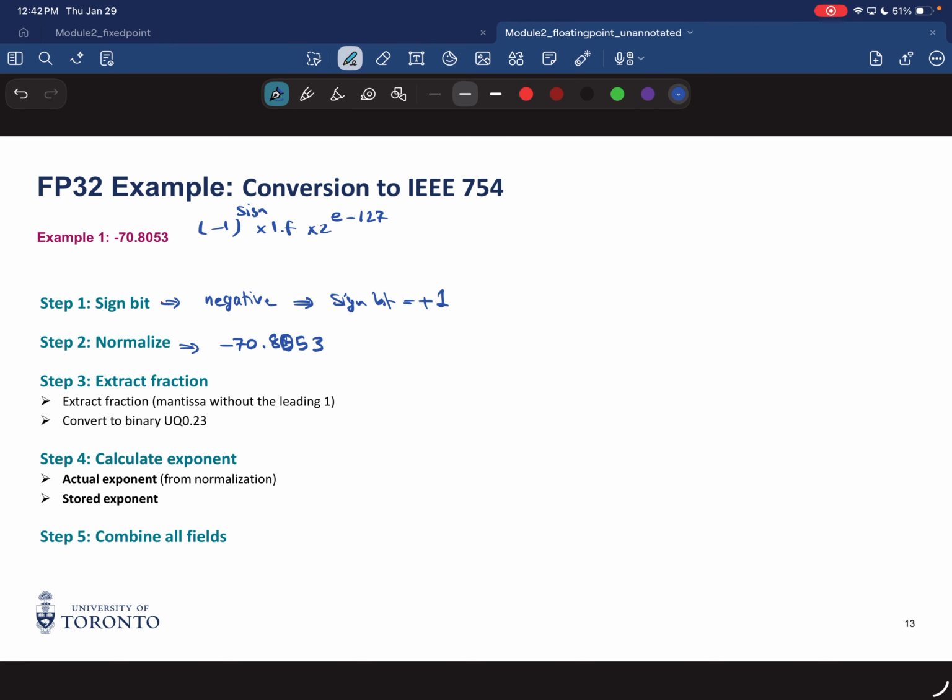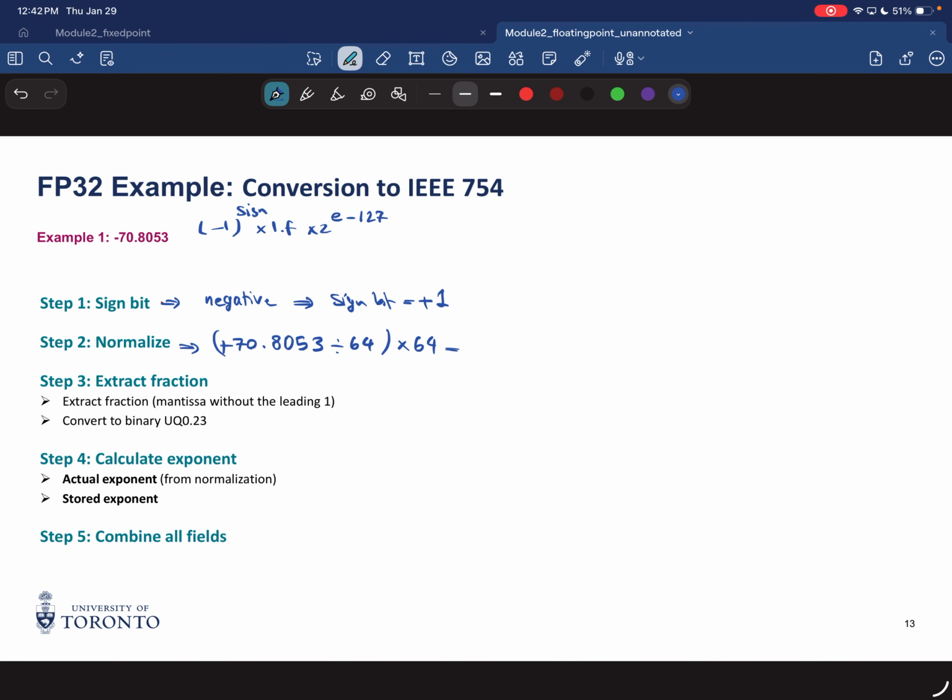In order to bring it to the 1 point something, I should divide it by what? 64. Perfect. And then I have to remember that I have to multiply it by 64 too. Okay. So, sorry, this is plus.